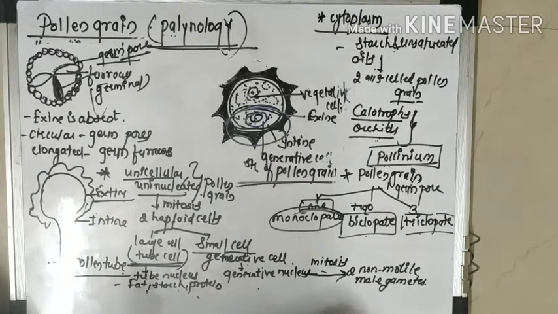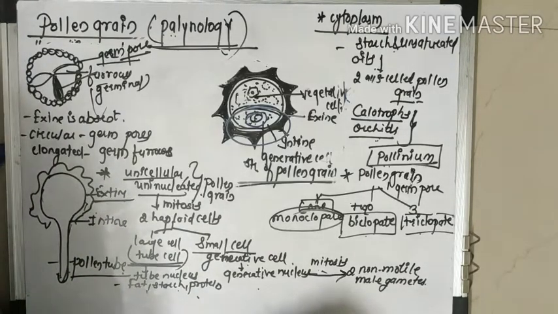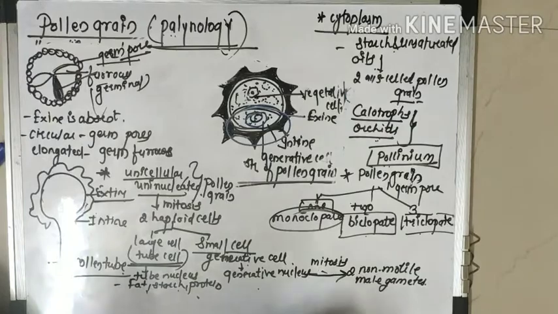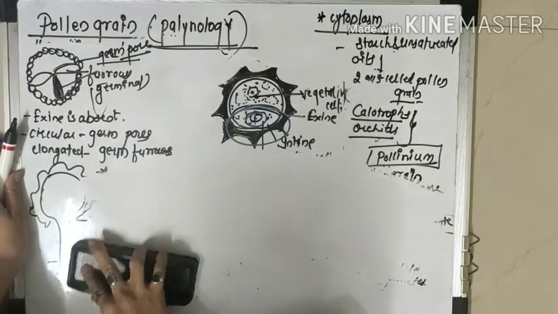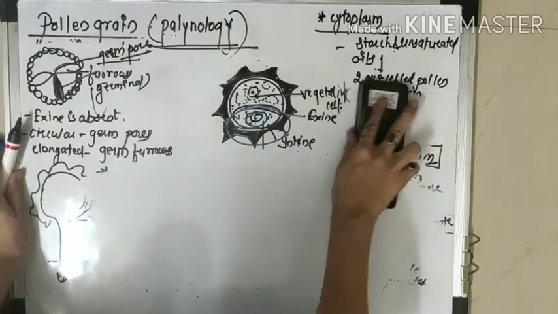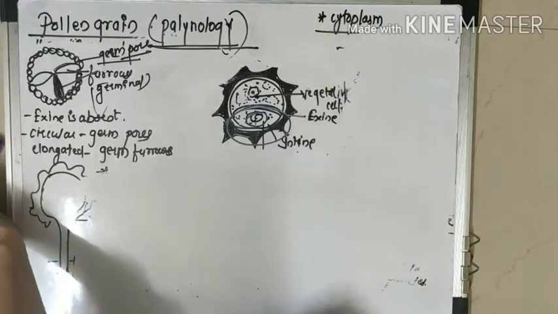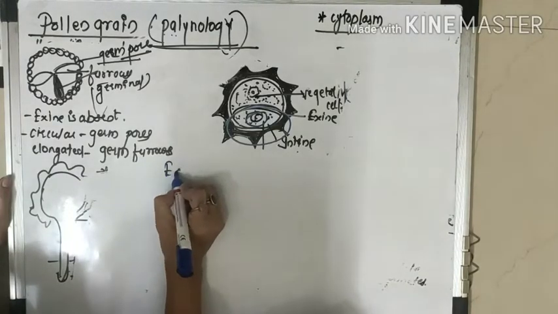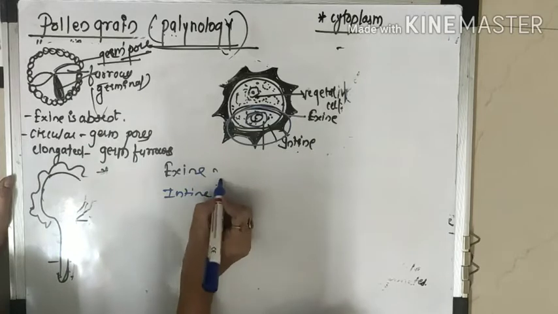In short, we studied that the pollen grain has two layers, called exine and intine.